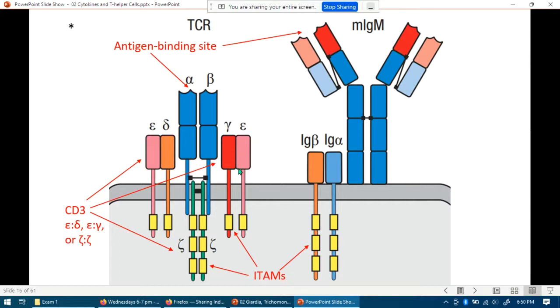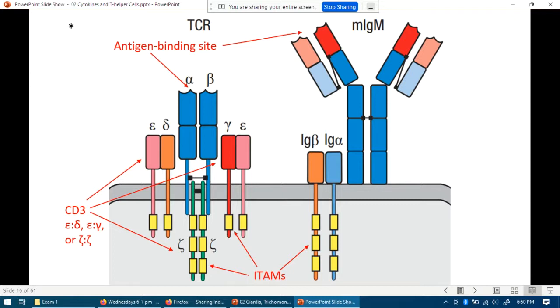These are CD3 molecules. And these yellow boxes in here, which I told you are activation motifs, they have a more specific name. We call them the ITAMs, the intracellular, I actually forget the name.